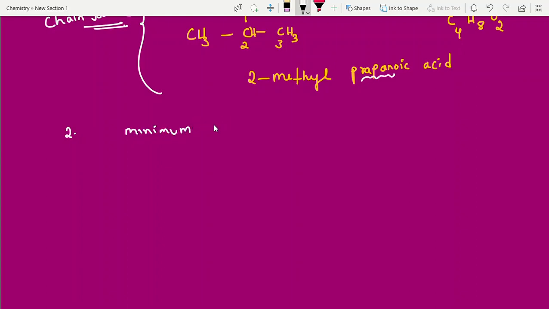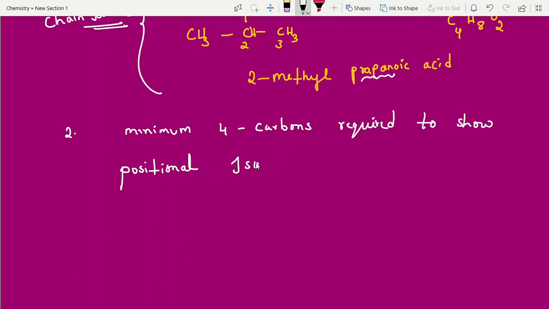Minimum 4 carbons required to show positional isomerism for alkynes. Clear? That's it. Okay.